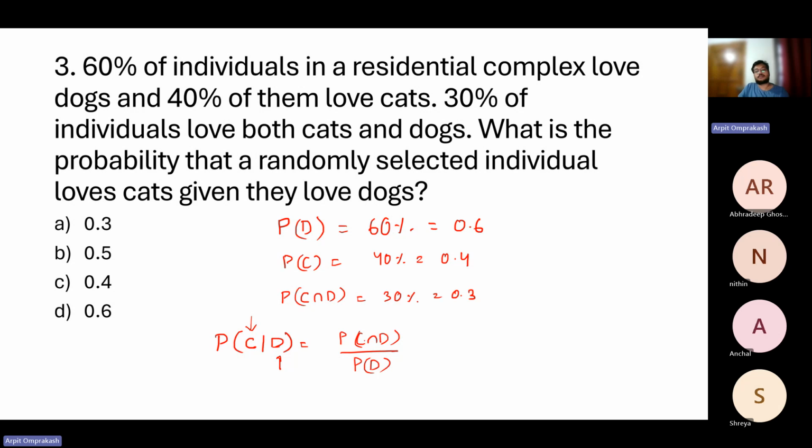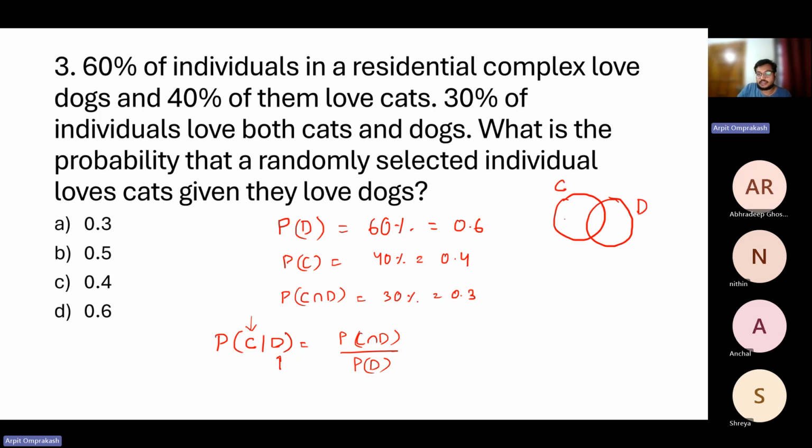So in our case, it will be the probability of the individual loving both cats and dogs divided by the probability of the individual loving dogs, right? So if we basically make a Venn diagram here, it might illustrate this better. So we have C, we have D.